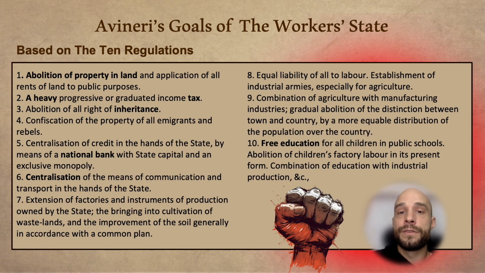As democratic control deepens across politics, the economy, and civil society, the state's coercive character begins to dissolve, not by decree, but because it becomes unnecessary. These regulations are not the end of the process, they're how the worker's state begins. We'll go into much more detail on these three main goals in a moment, but first, let's hear this in Avineri's words.